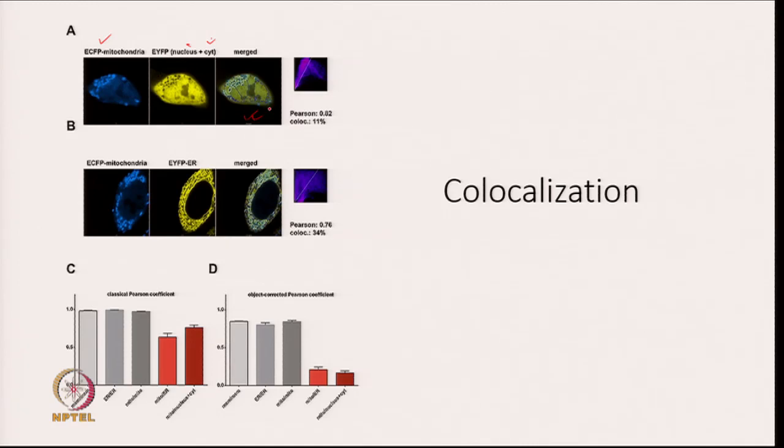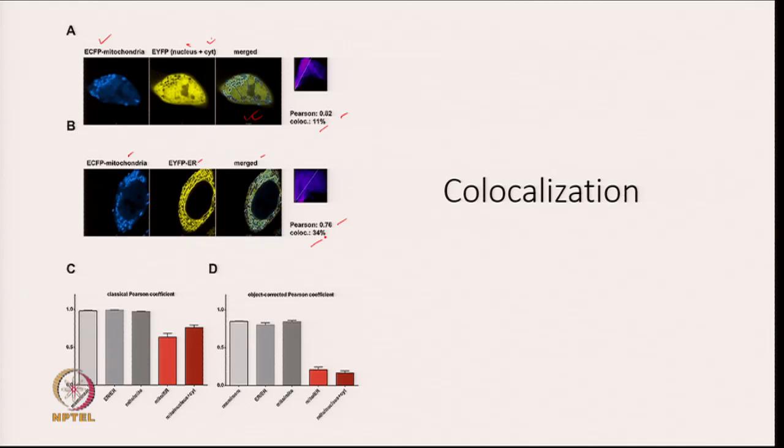When you merge it, it will be like this, and Pearson factor is 0.82. ECF with mitochondria R, this is the merged image, and what you get is Pearson factor 0.76, and co-localization is 11%, and here co-localization is 34%.